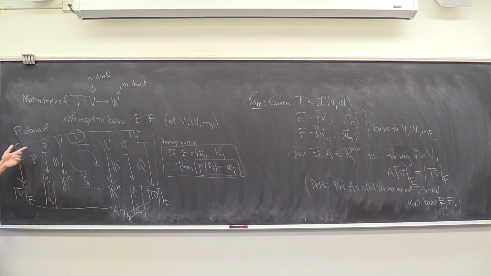So the matrix representation of the transformation is the matrix that makes this diagram commute.